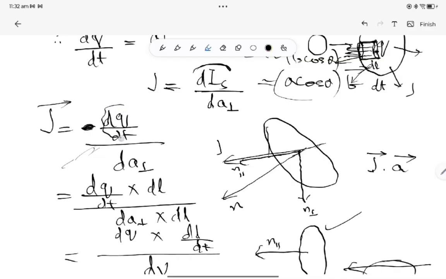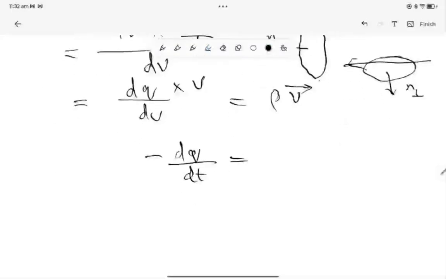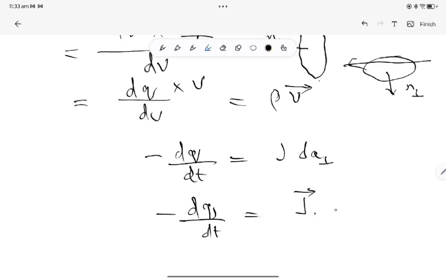Current, this is di. Current is equal to this into this, and this into this instead of this into this. We can write j dA perpendicular, or we can write the same as minus dq by dt is equal to j dot dA, full dA. As I told you, this and this is the same.